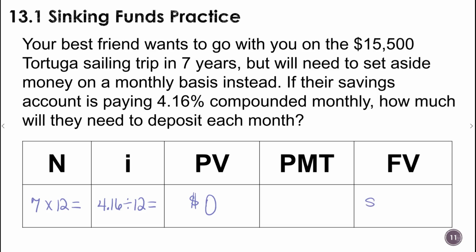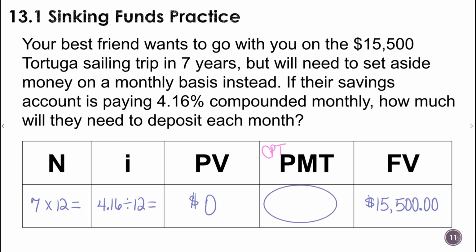So we know the future value is $15,500 again. Here's what we compute. So this is what we will circle this answer.